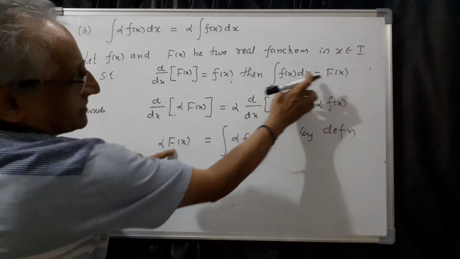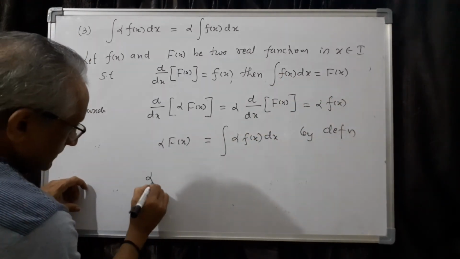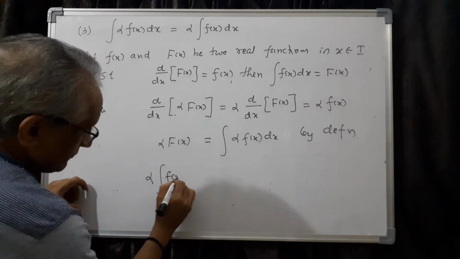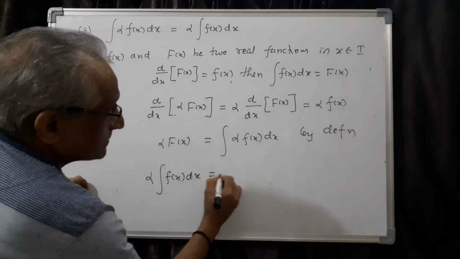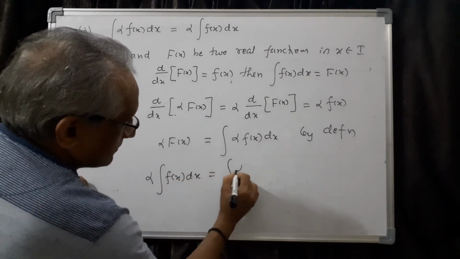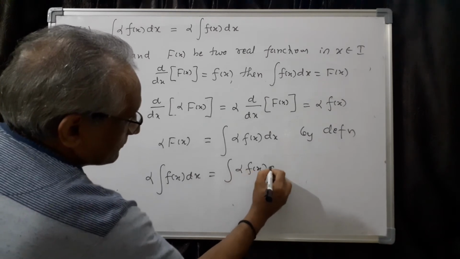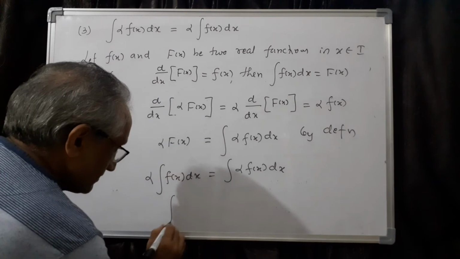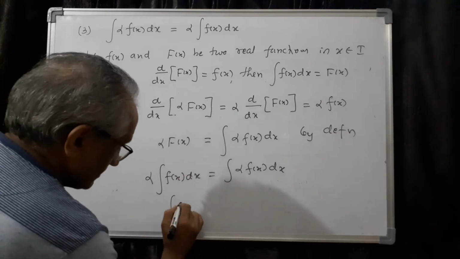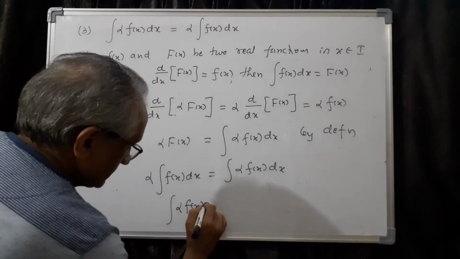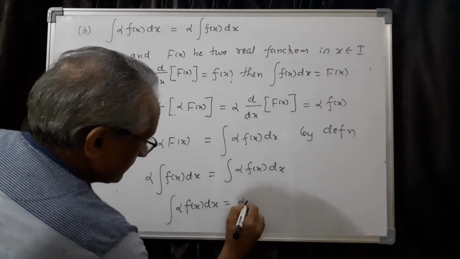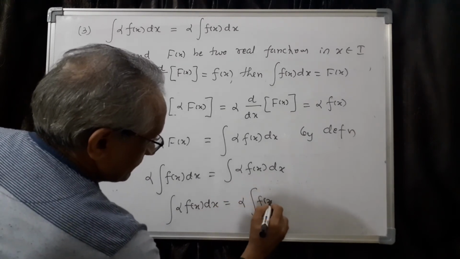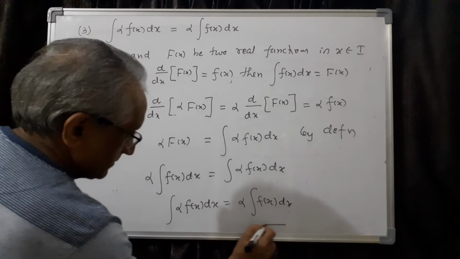It is integration of f of x dx. So alpha times integration of f of x dx equals integration of alpha f of x dx. Or you can write it in the reverse order: integration of alpha f of x dx will be equal to alpha times integration of f of x dx. So this is the proof.